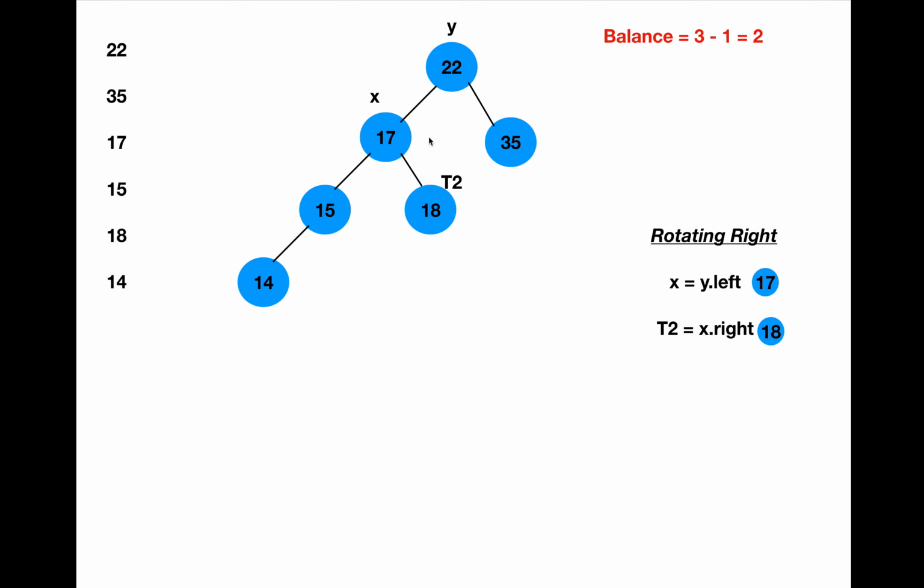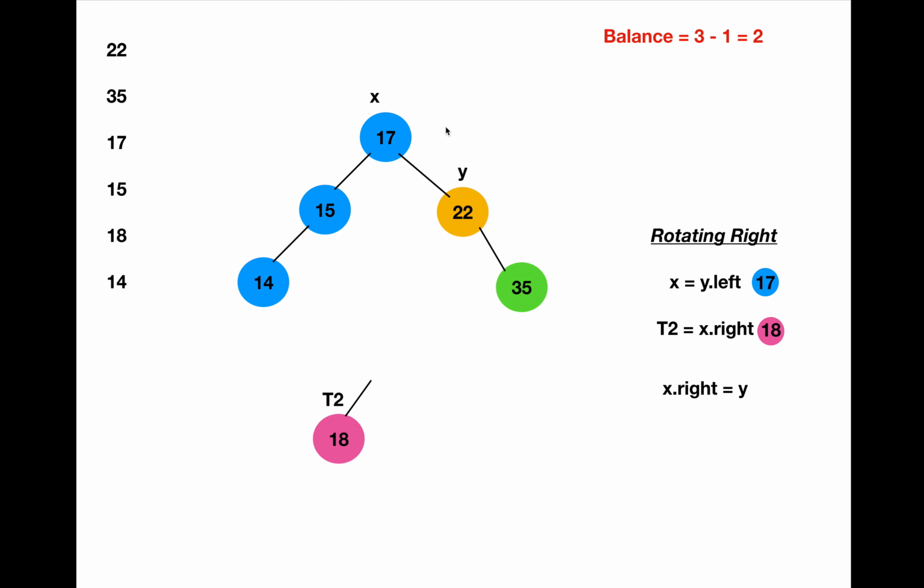So if we take those two variables, to the right of x, sorry, we'll have x.right equals y. So whatever's at the right side of x, put the root node on the right side of x, just like how we saw that we fixed left imbalances.